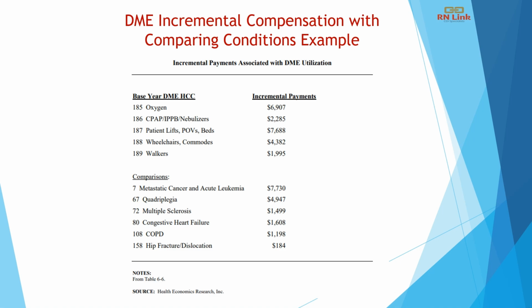Patient lifts/POVs, beds has incremental payment of $7,688. Wheelchairs, commode has incremental payment of $4,382. Walkers has incremental payment of $1,995. Check out the comparison with HCC diseases without DME on this slide.